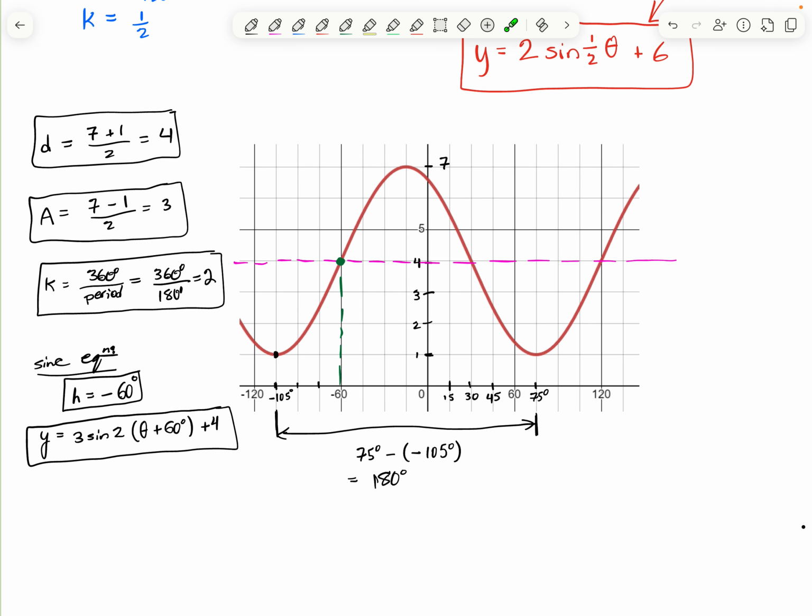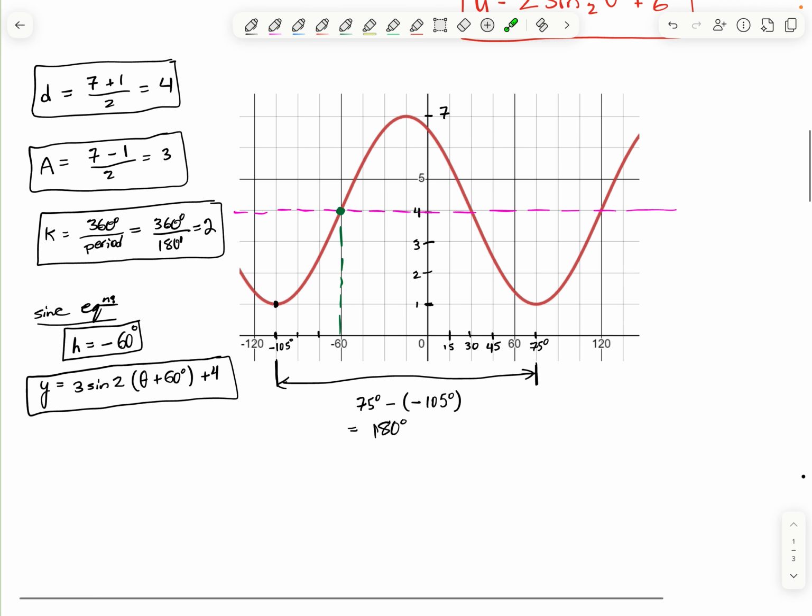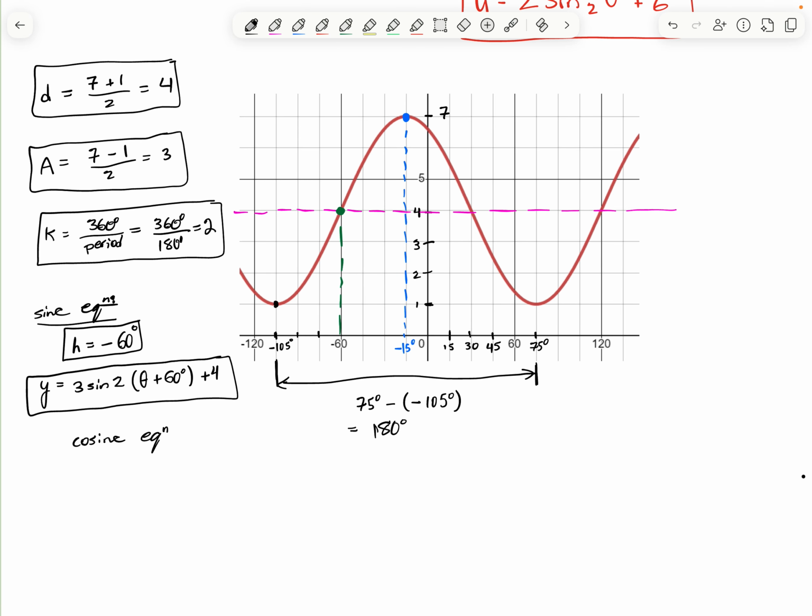Okay, so let's go ahead and also write the cosine equation here. A positive cosine starts at a maximum, like right over here. And we could see here that the h value would have to be negative 15 degrees. So for the cosine equation, the h value would have to be negative 15 degrees.